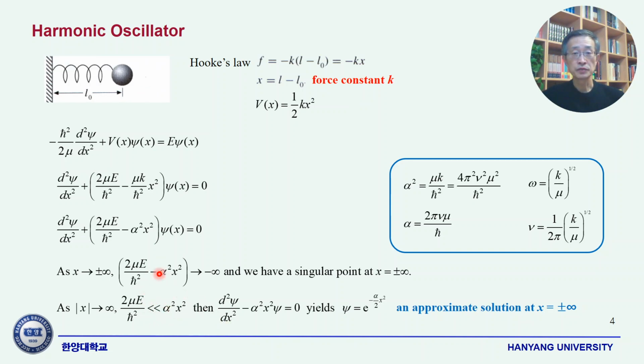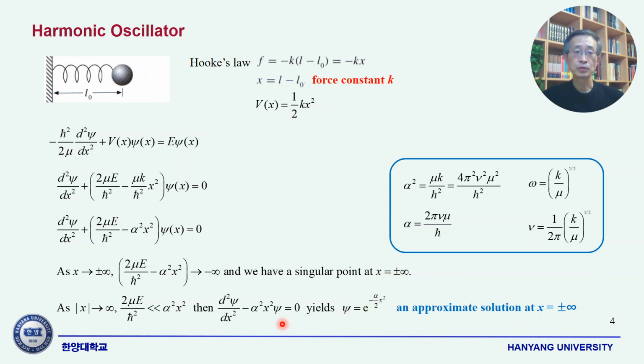So our differential equation reduces to this, and you can solve it, giving psi as e to the minus alpha over 2 x squared. This is an approximate solution. But if you look at this, as x goes to plus or minus infinity, this exponent goes to negative infinity, which means that we have a singular point at x equal to plus or minus infinity.